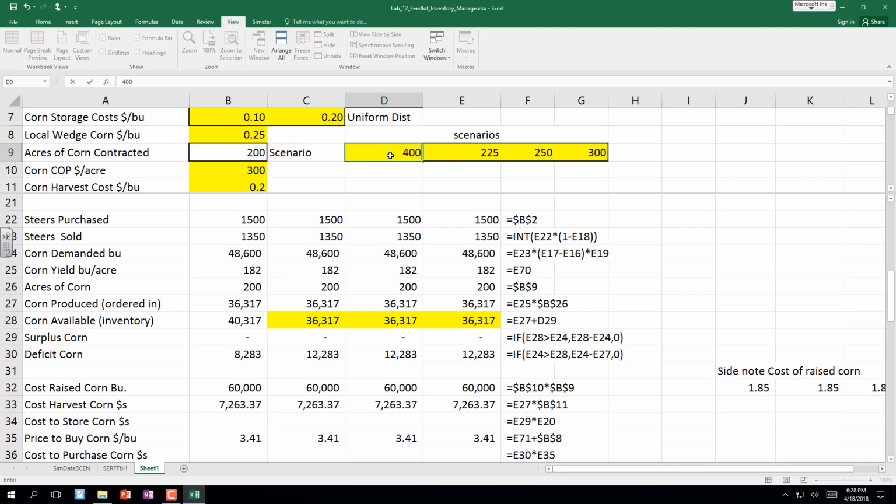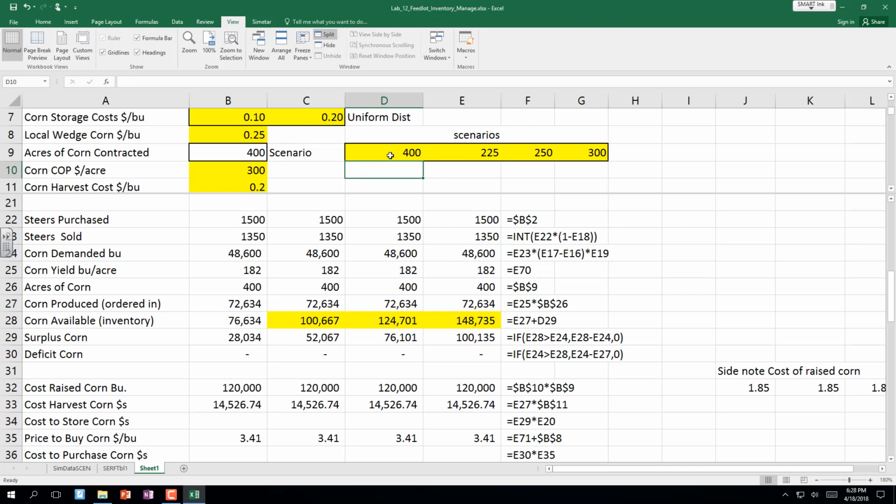I'm going to put in 400 acres. Okay, if I have 400 acres of corn, I'd be producing 76,000 bushels, and I've got surplus corn. So I've got surplus corn of 28,000, so now I can see that that surplus equation is working.